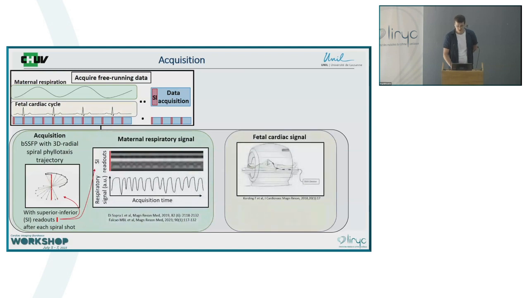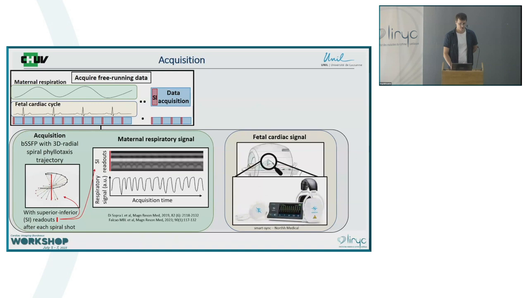Unfortunately, this approach is not working for the signal extraction of the fetal cardiac signal due to factors like maternal fat, fetal bulk motion, and also fetal cardiac heart rate, like we heard in the morning.